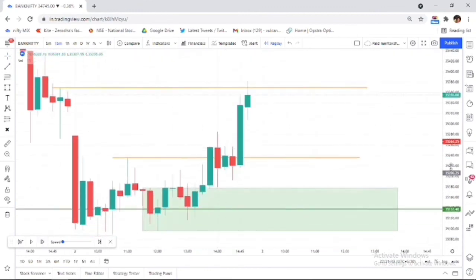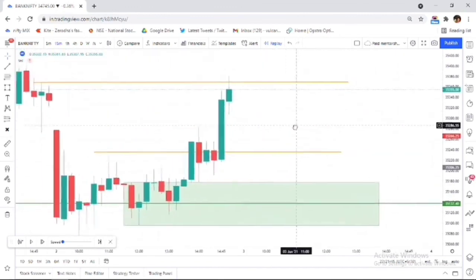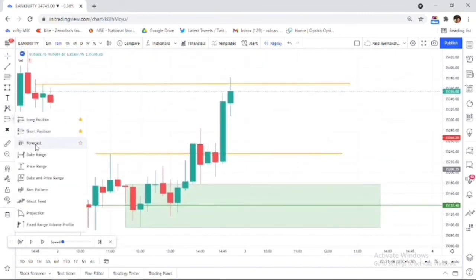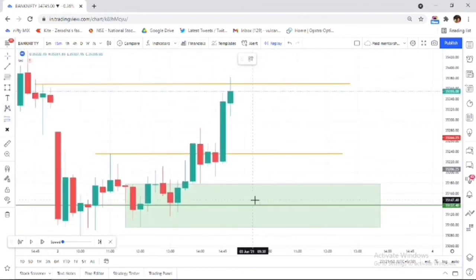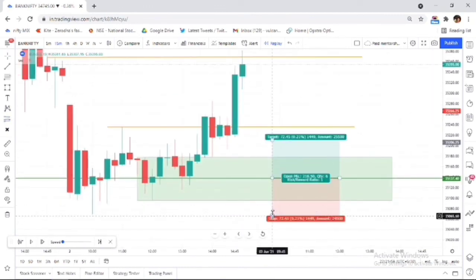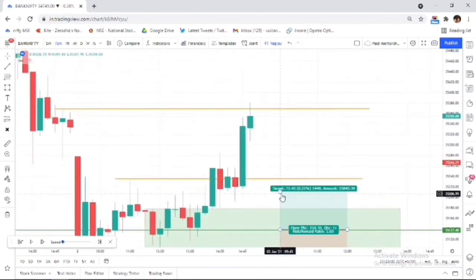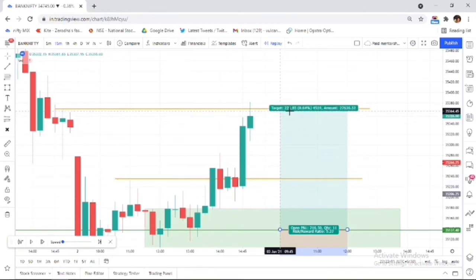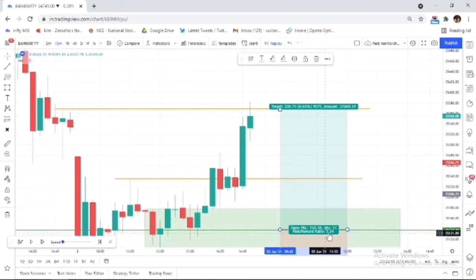And now see again, the market took the order from the order block and cleared the stops above the previous lower highs. Now again see the risk versus reward, and this is the first risk versus reward. This is almost 1:2 and then almost 1:5.